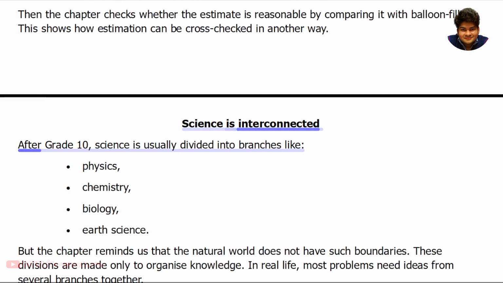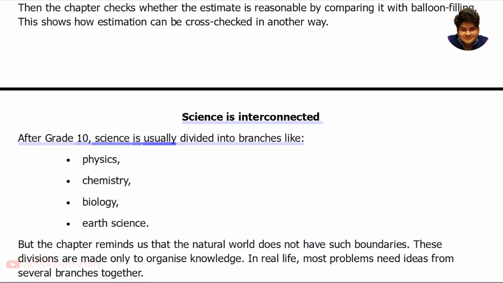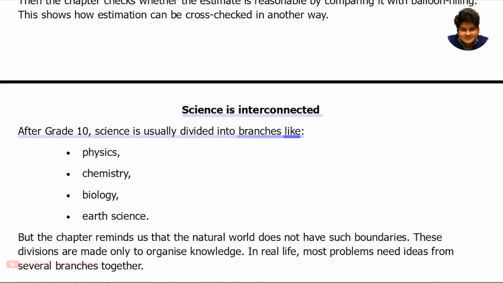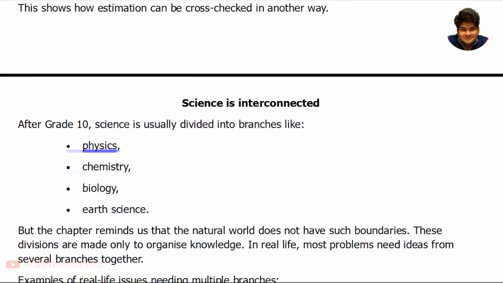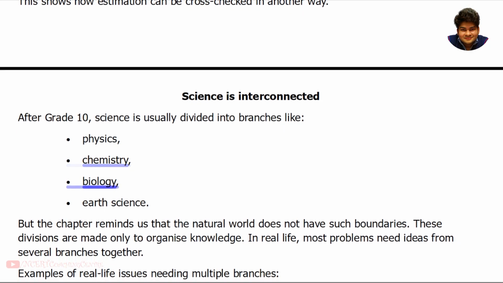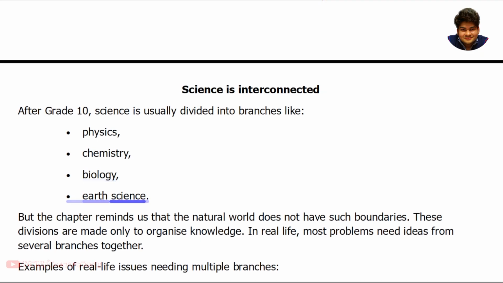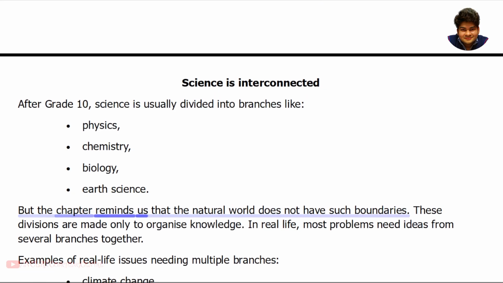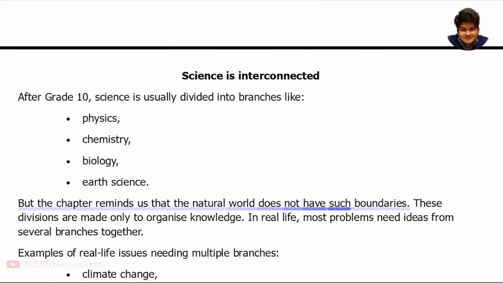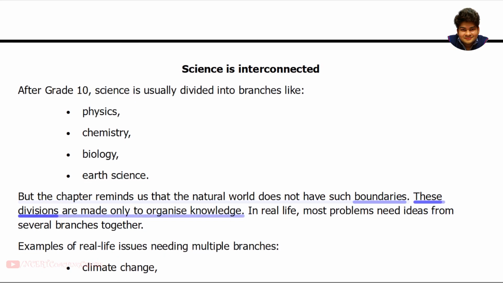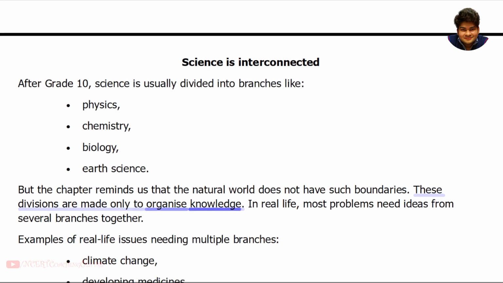Science is interconnected after grade 10. Science is usually divided into branches like physics, chemistry, biology, earth science. But the chapter reminds us that the natural world does not have such boundaries. These divisions are made only to organize knowledge.